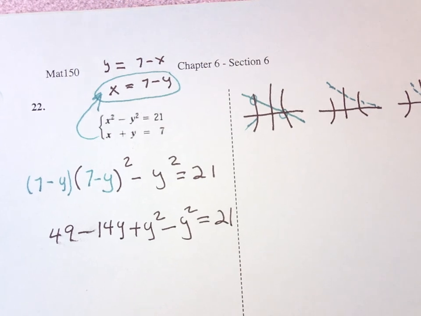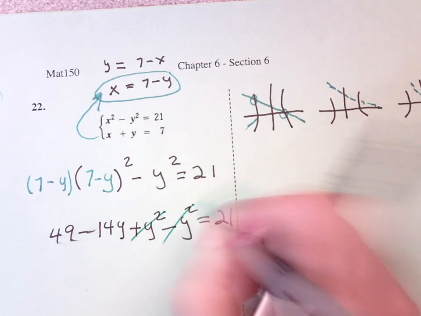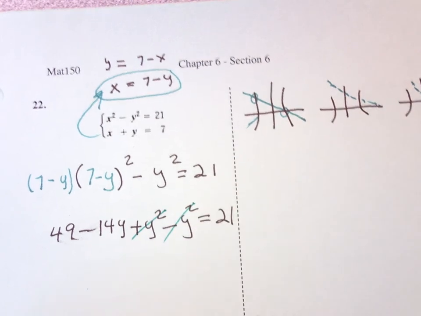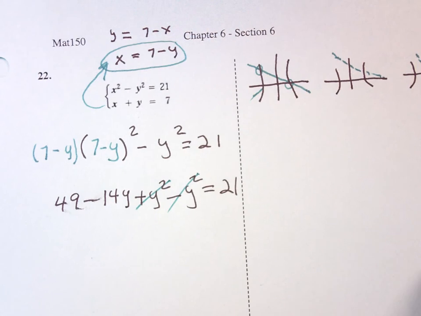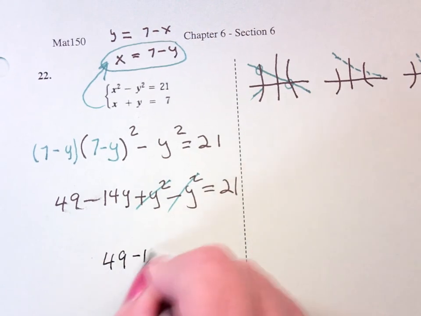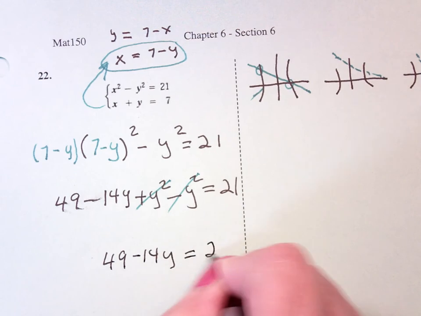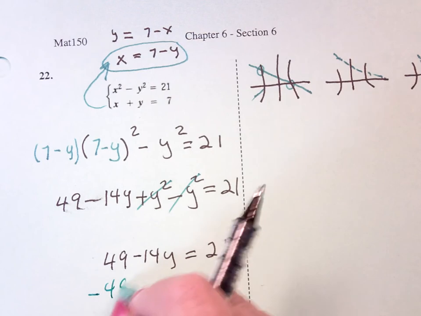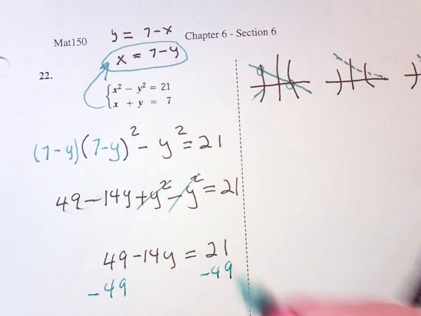You're going to say, why is that? The squareds drop out. It's like, yippee. So that says 49 minus 14y equals 21. Subtract 49 from both sides.